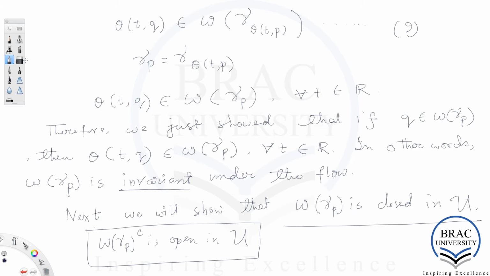We'll argue by contradiction, meaning that we'll assume the contrary, meaning that the complement of the omega limit set is not open, and then we'll show that it leads to some contradictory fact, and then that will prove that this assumption is incorrect, meaning that this has to be open.